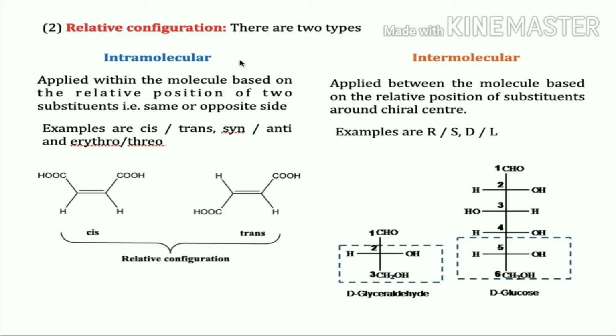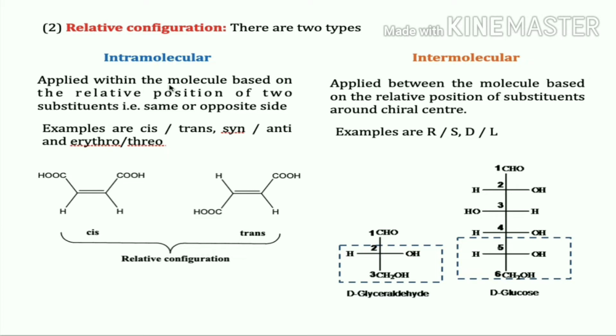Coming to relative configuration, there are two types: intramolecular and intermolecular relative configuration. What is intramolecular relative configuration?